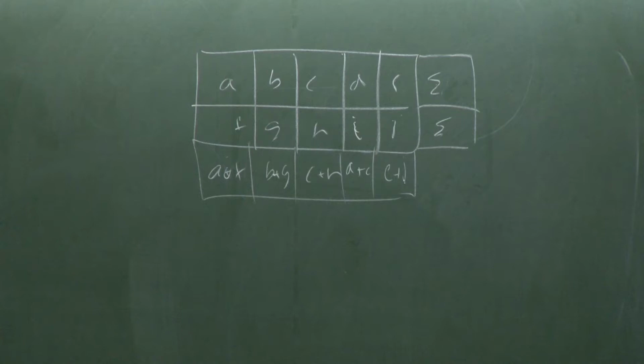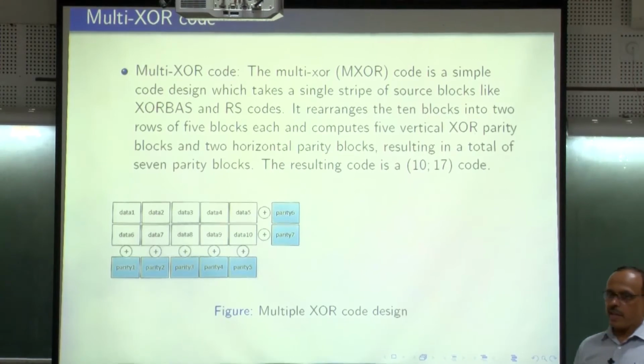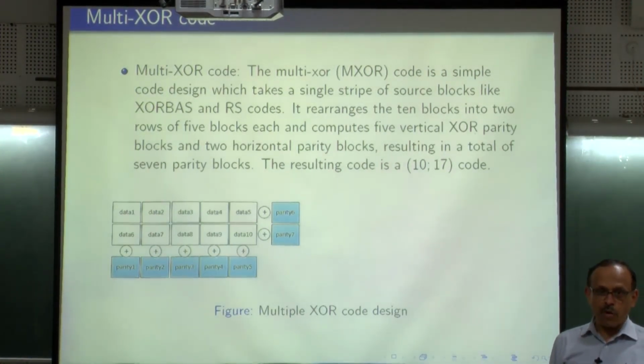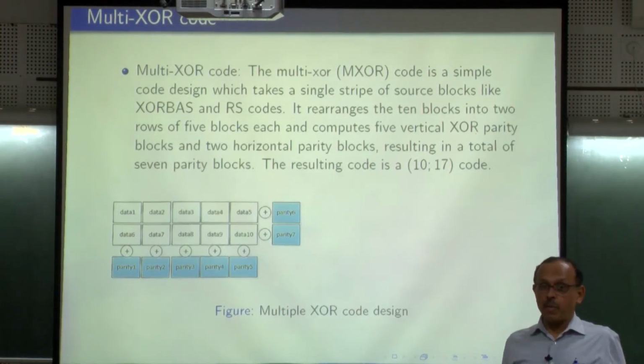For every 10 information bits, how many extra bits did we add? 7. So it's slightly more than the RS code, because there are 3 more, but with a little penalty in the storage, we get the performance speedup.